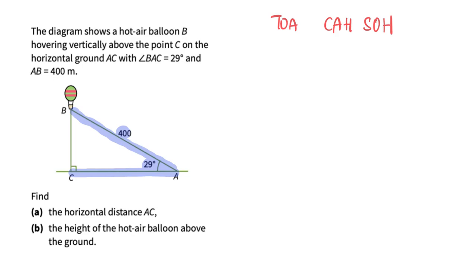So for part A, with respect to the angle 29 degrees, this is my hypotenuse. And this length here is my adjacent side. Since adjacent and hypotenuse make the angle 29 degrees, with A and H, I am going to tap on the cosine ratio.